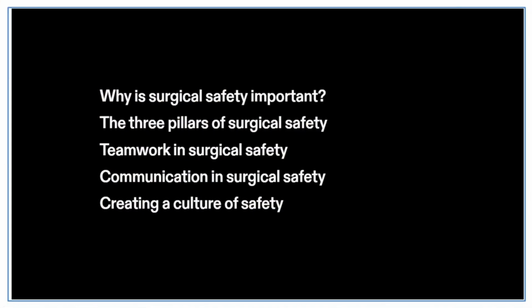So we'll study why surgical safety is important, and the three pillars of surgical safety: number 1, teamwork in surgical safety, number 2, communication in surgical safety, and number 3, creating a culture of safety. These are the three pillars of surgical safety.